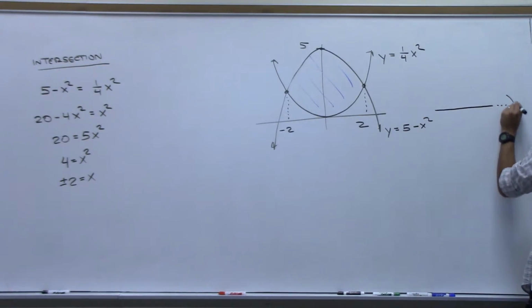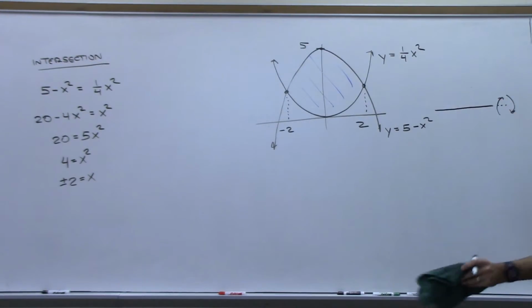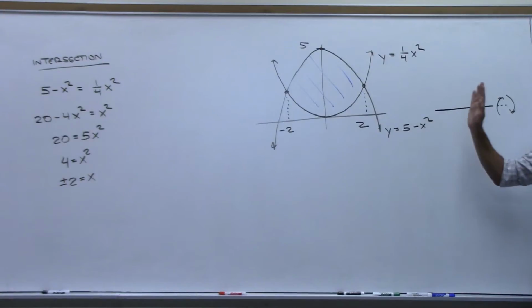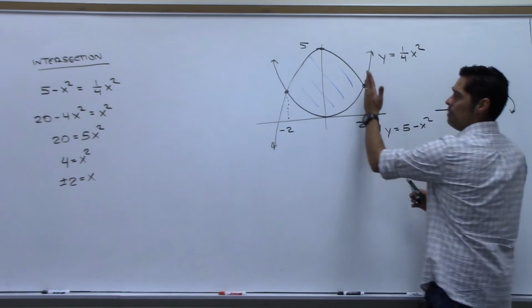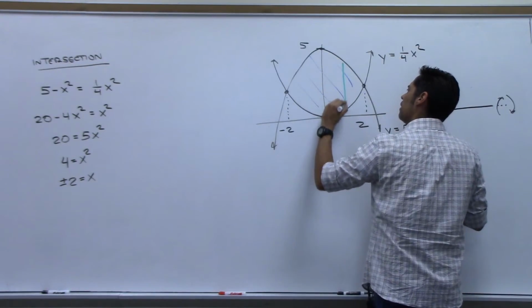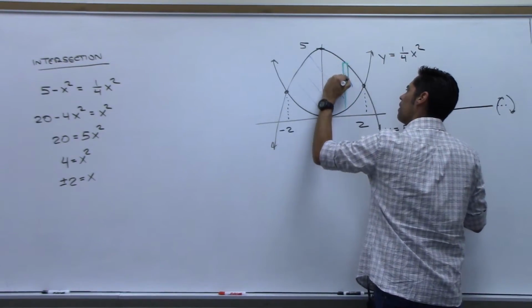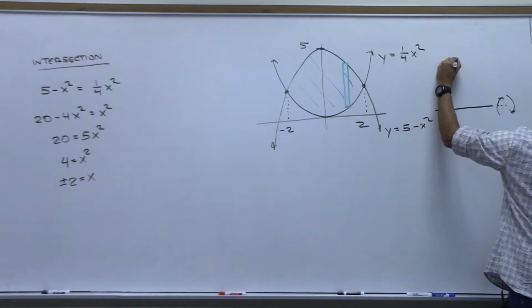I'm going to show that this is my axis of rotation. I'm going to come in here and pick an arbitrary rectangle inside this region. I can pick anything in here. I'm just going to pick this right here, and then I'm going to translate that over here and draw it on this side.